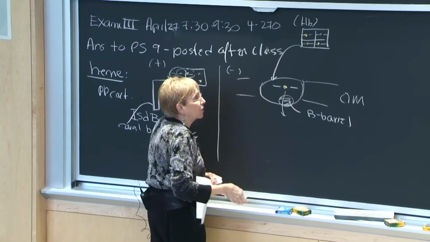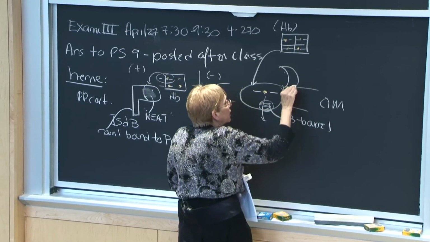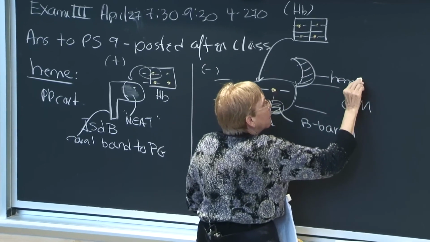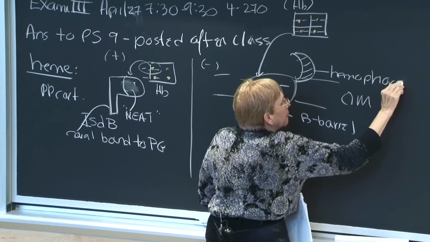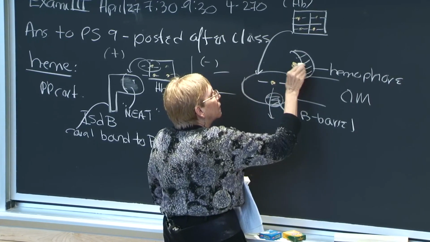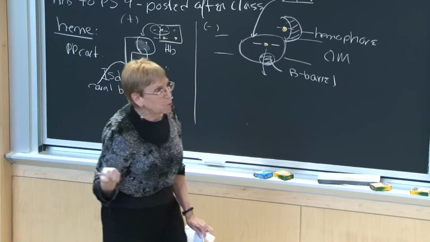So that's one mechanism. And then there's a second mechanism, and the second mechanism involves a hemophore. Okay, and the hemophore is going to pick up the heme. And so every organism is distinct.